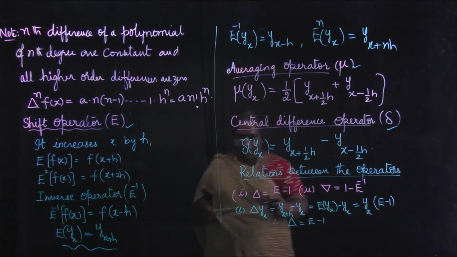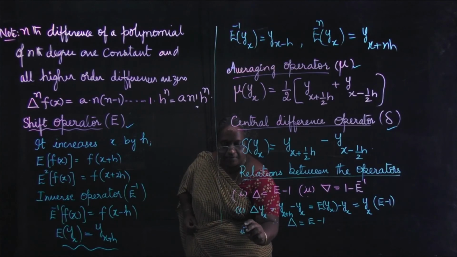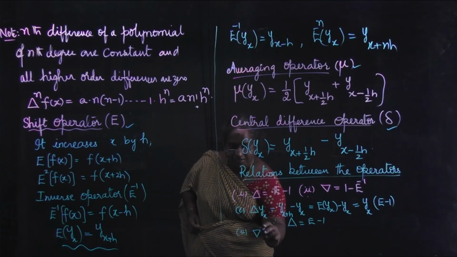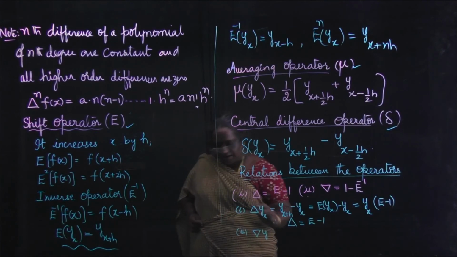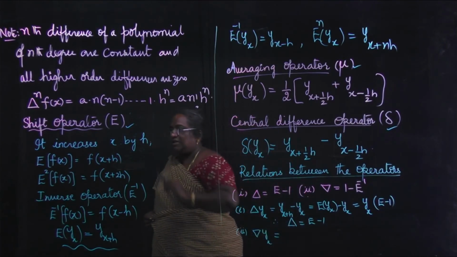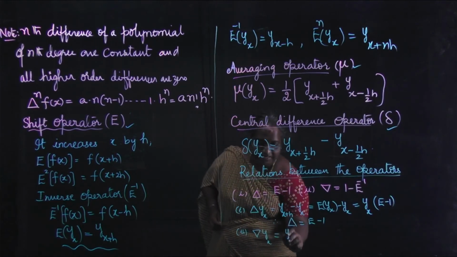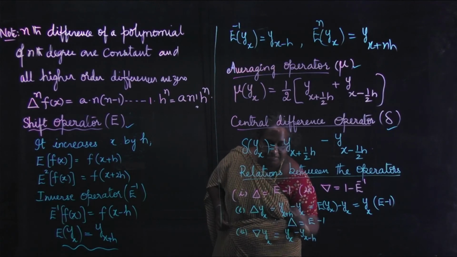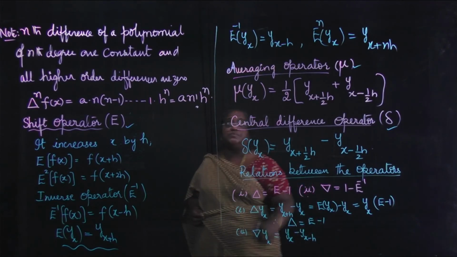Similarly, for the second one, I will apply the backward operator on y x. According to the definition, it is y x minus y of x minus h. What is y of x minus h here?